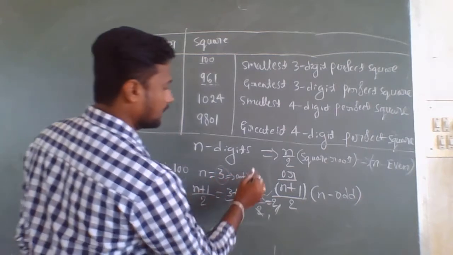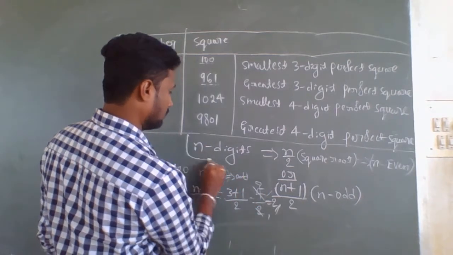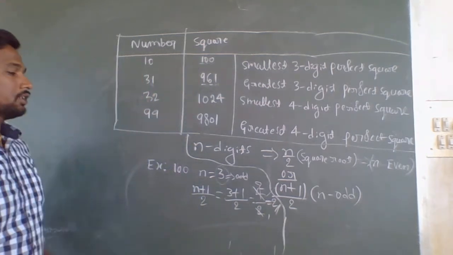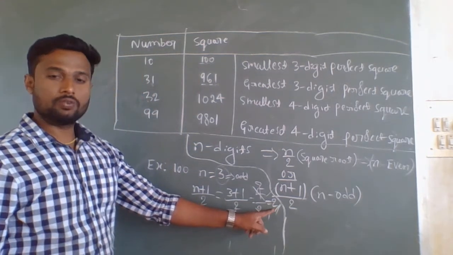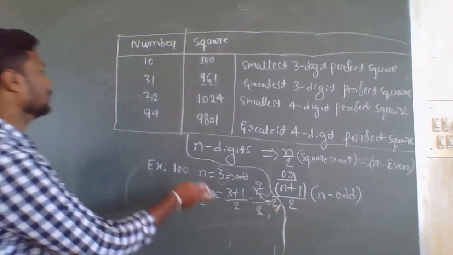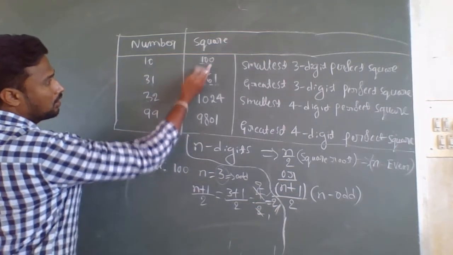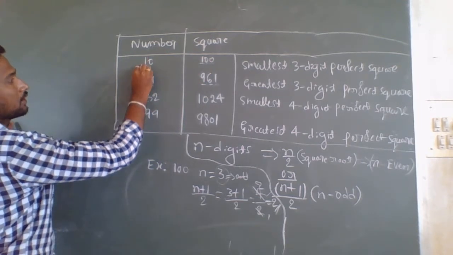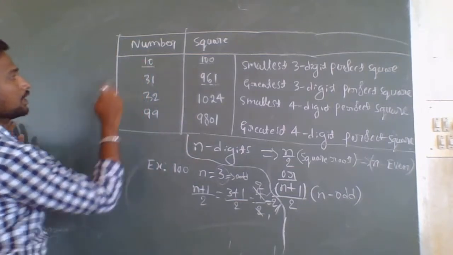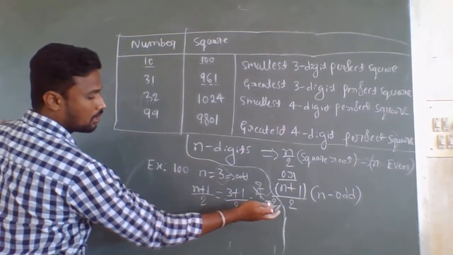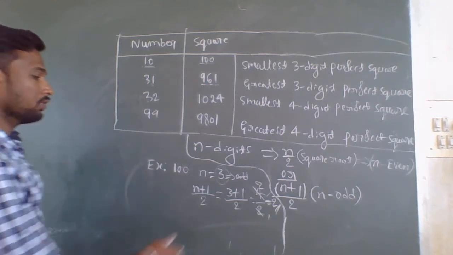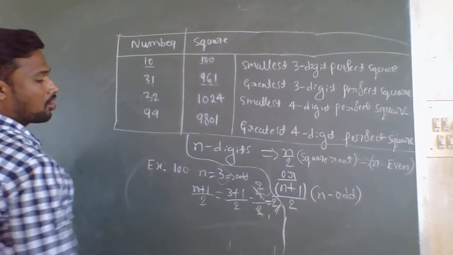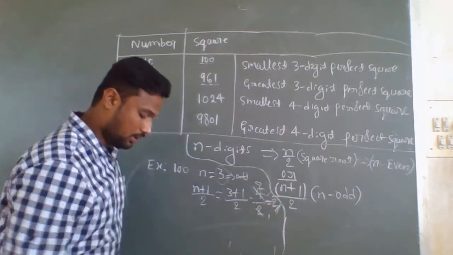This 2 indicates the number of digits in the square root. So for 100, the square root of 100 is 10. How many digits are there in 10? 1, 2. So here we got 2 only. So the number of digits in the square root when the number of digits is odd is n plus 1 divided by 2.